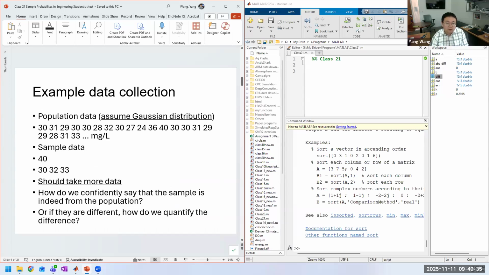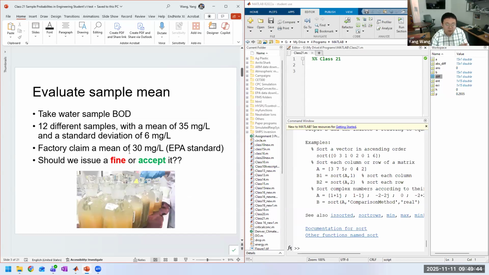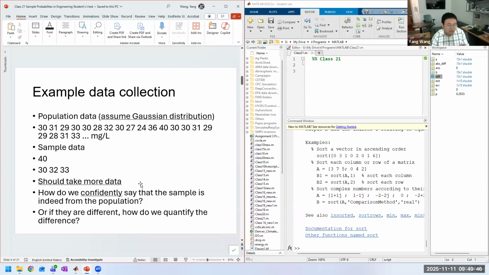So how can we confidently accept the result that, based on the sample data, although the mean value could be above 30 milligram per liter, the factory is still following the EPA standard, right? Or if the sample reflects a mean value that's way above the population level, right? So how do we quantify this difference? So basically, how large can this mean value be?